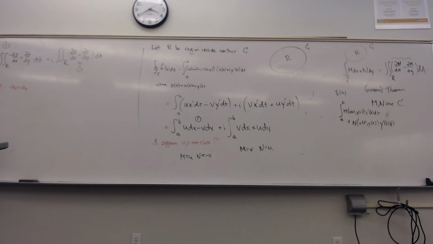What's the other Cauchy-Riemann equation? Negative v_x is equal to u_y. Oh, well, that means this is equal to 0. Whoa. Real impressive, right? There we go. Complex analysis is a consequence of Green's theorem.